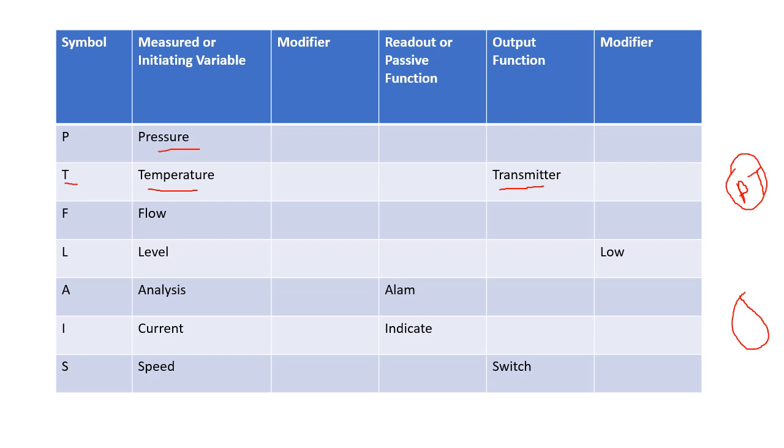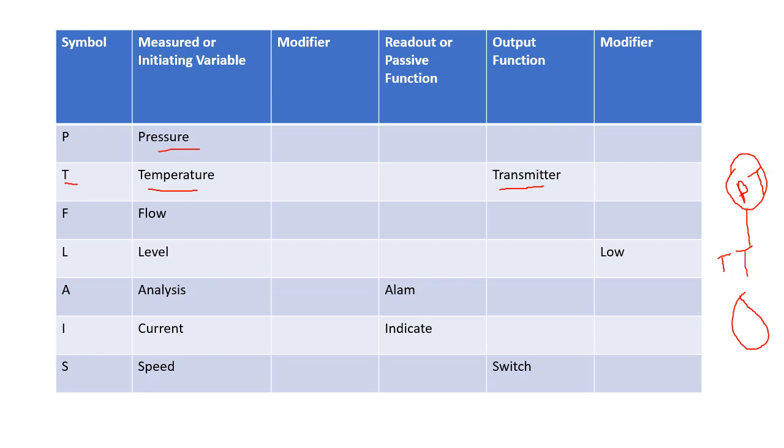For example, in this particular example you can see, within the circle, it is written as PT. P stands for pressure because it is at the beginning, and T stands for transmitter because it is at the last. Similarly, if it is written as TT, what should it be?